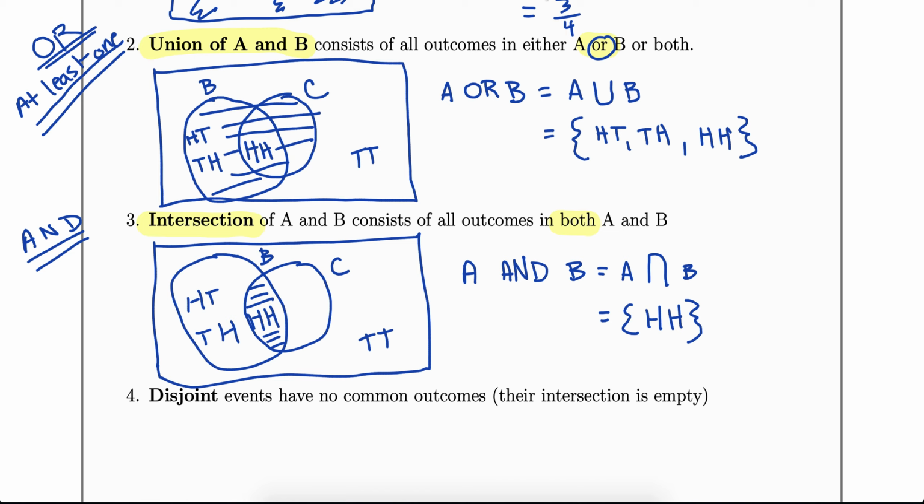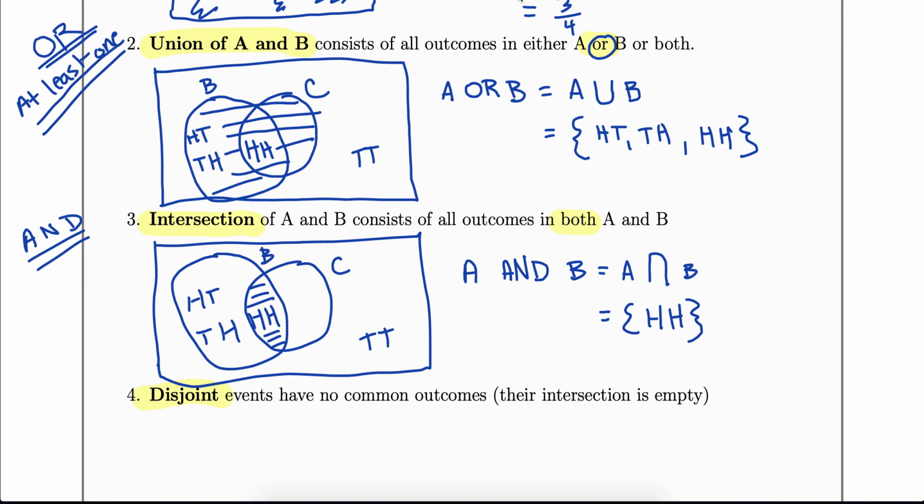All right, the next idea or definition we have is this idea of disjoint events. Disjoint just simply means we have no common outcomes, or their intersection is empty. This overlap has nothing in it.